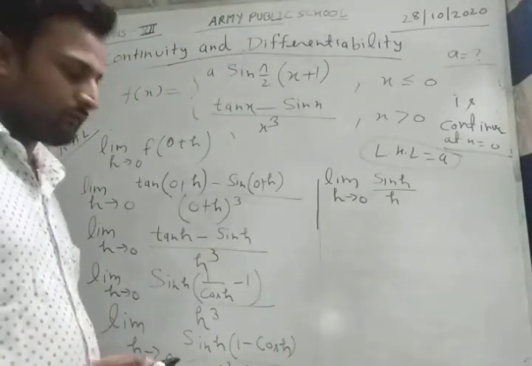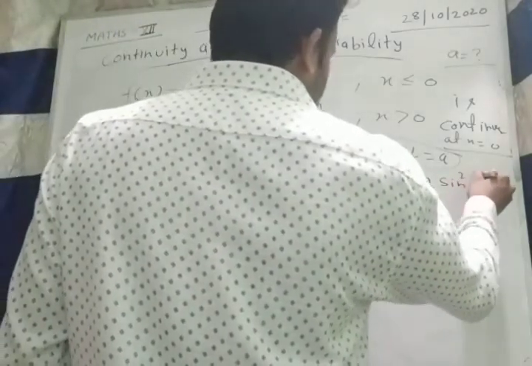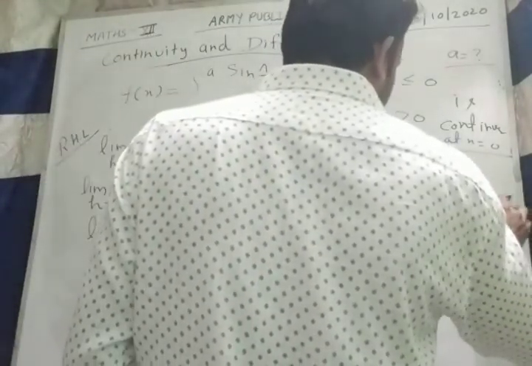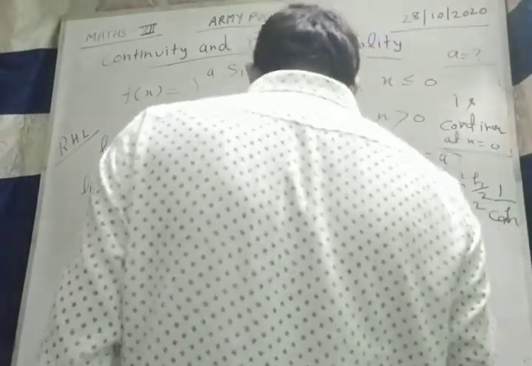We can write 1 minus cos h as 2 sin square h by 2, divided by h square, and here 1 by cos h.